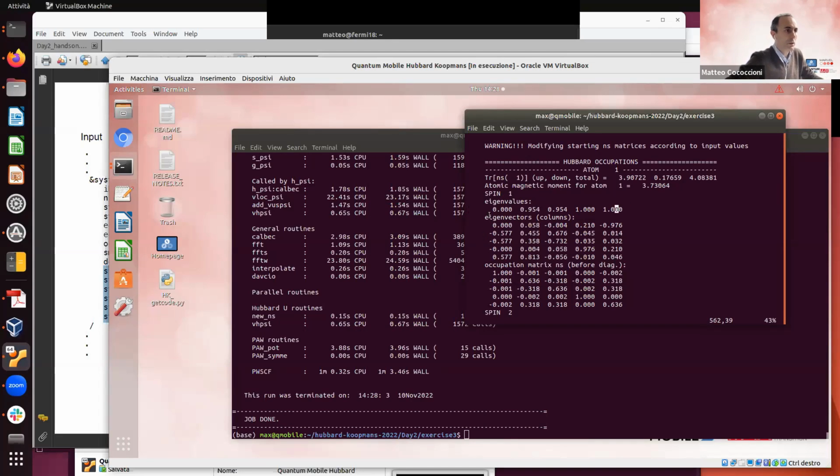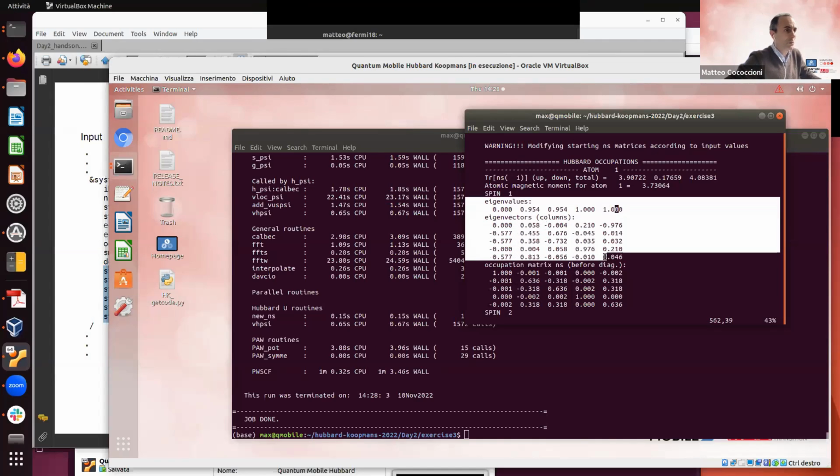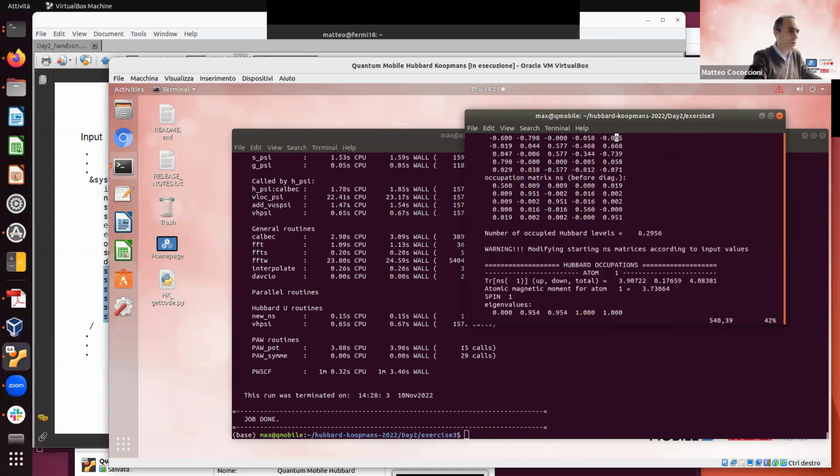This one, now things have changed, right? So the first eigenvalue is 0. It always orders them in growing order of eigenvalue. But I want you to realize how different this matrix is, or how similar to the previous one.